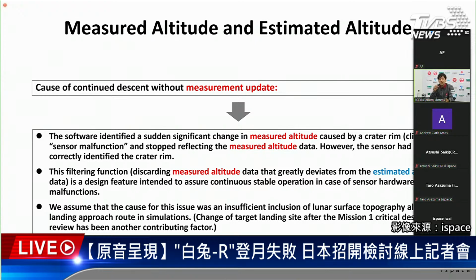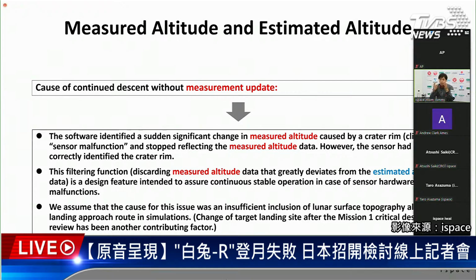The filtering function discards measured altitude data greatly deviated from the estimated altitude. It is our design feature, intended to make our control system more robust against things like sensor hardware failure. This design itself was our intention.